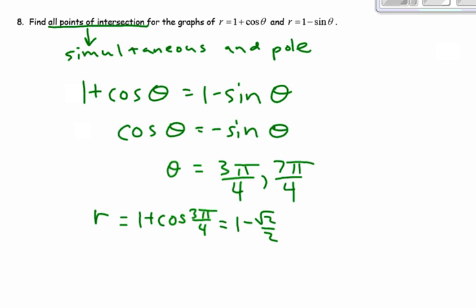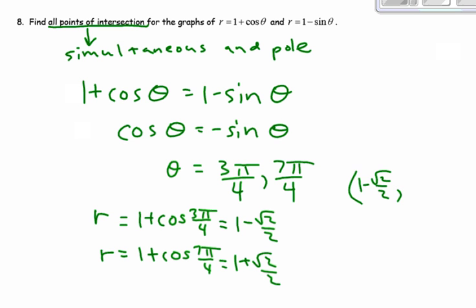And then the other one at 7 pi over 4, now cosine would be positive root 2 over 2. So our simultaneous points are going to be (1 minus root 2 over 2, 3 pi over 4) and (1 plus root 2 over 2, 7 pi over 4).